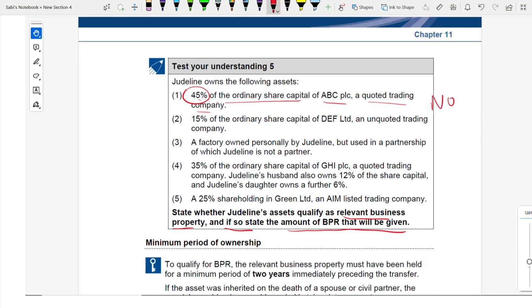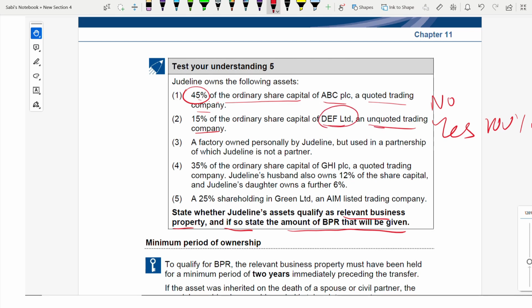So no BPR. Next, 15% of ordinary share capital of DF Limited, an unquoted trading company. Is it available? Yes, BPR is available. At what rate? 100%. How?